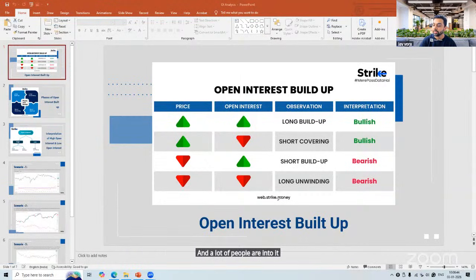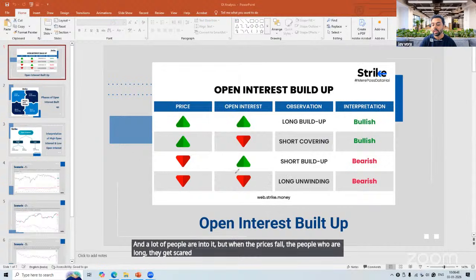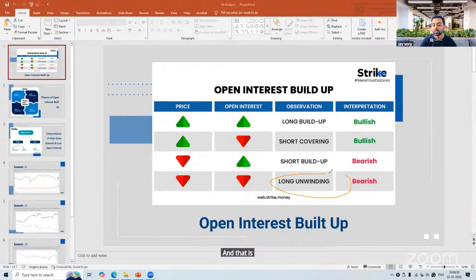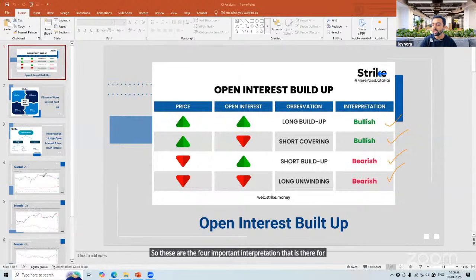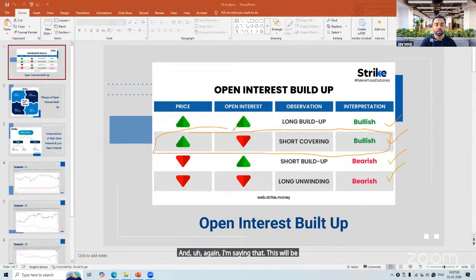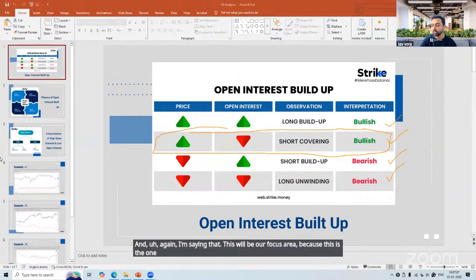But when the prices fall, the people who are long get scared and cover, and that is what we call long unwinding. Okay, so these are the four important interpretations for price and open interest. And again, I'm saying that this will be our focus area, because this is the one that is most rewarding.